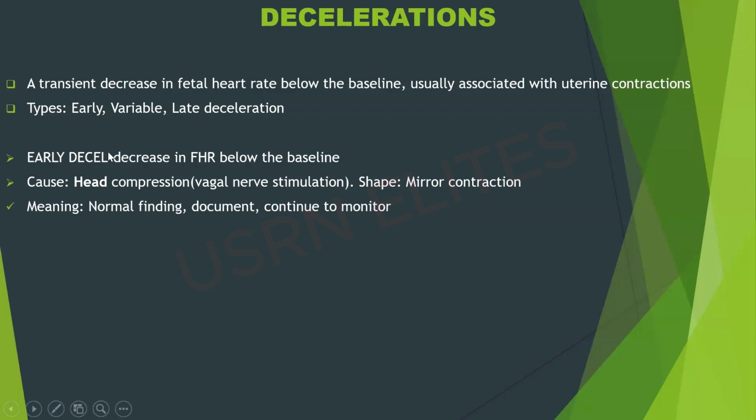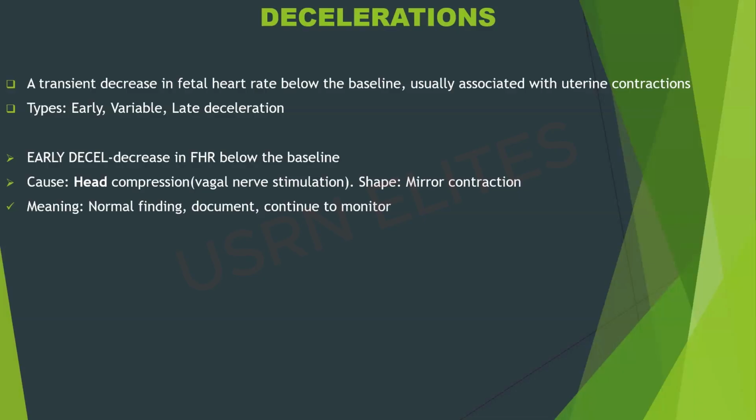Early decel, I told you that we take fetal birth. Okay, the head comes first, the umbilicus, and then the placenta last. The head of the fetus, when we are delivering, comes first. Then the umbilicus comes second, and placenta will come last.